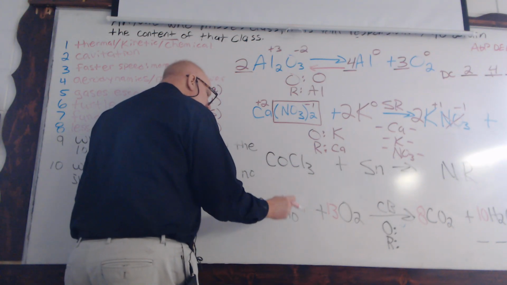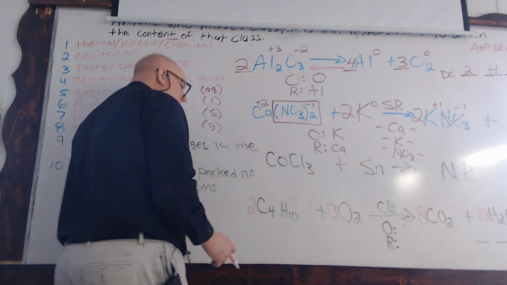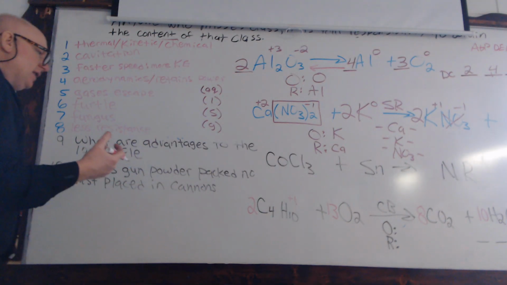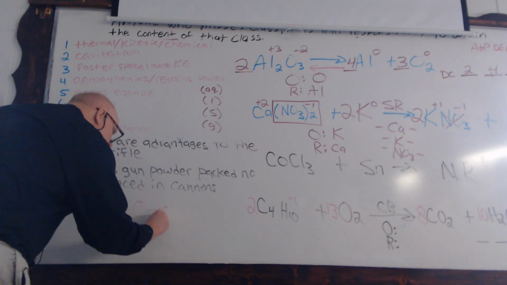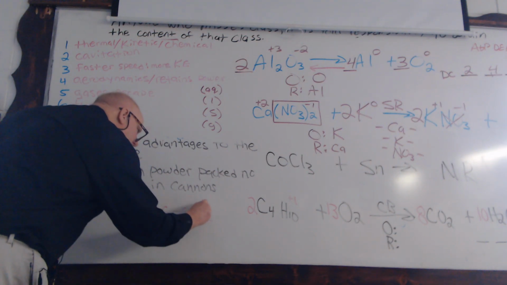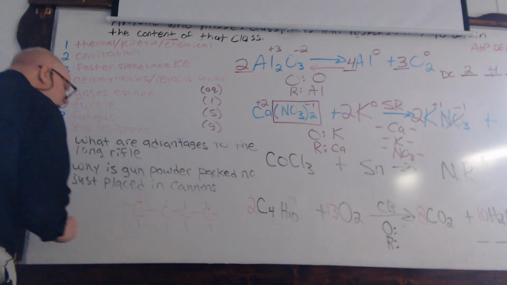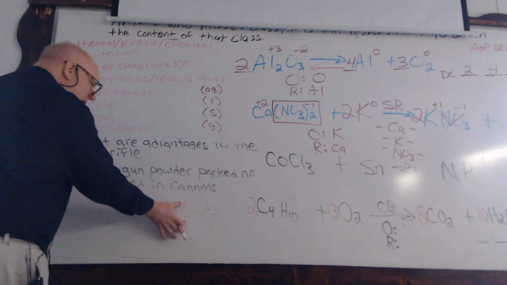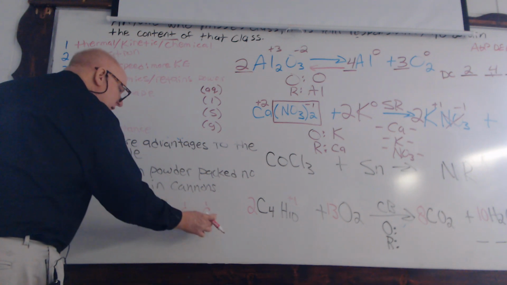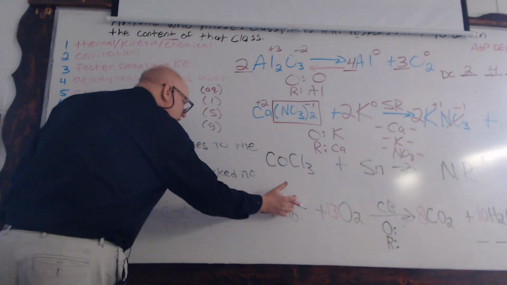Therefore, how many total positive charges do we have here? You would have 10. Now the reason that that is significant is because if we write this out, if you remember from your organic portion 2 years ago, we've got 3, 5, 7, there's our 10 hydrogens, each one of those hydrogens having a +1 charge.